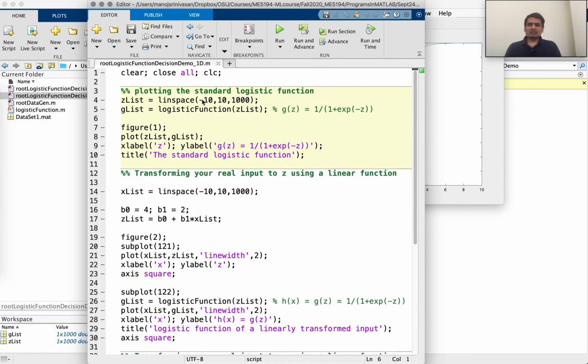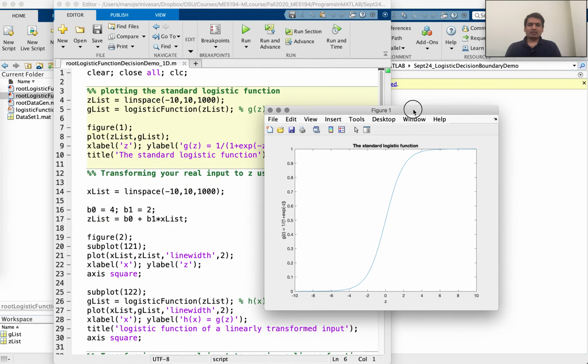This little piece all it does is plot the standard logistic function, really from minus infinity to plus infinity, but of course we're just plotting from minus 10 to 10. This is what I call the standard or prototypical logistic function. It starts slowly from 0 at minus infinity and then slowly goes up to 1 at plus infinity.